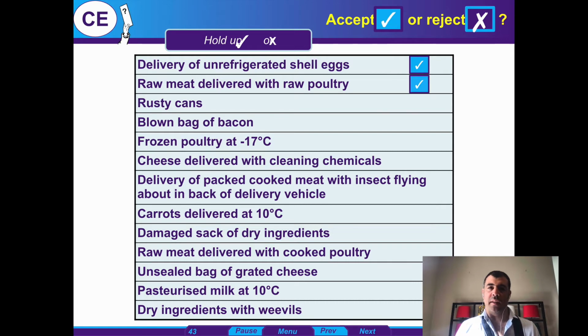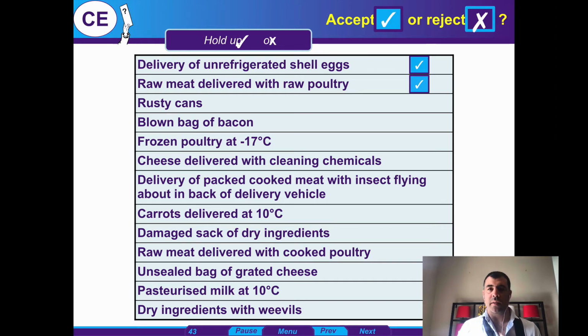So in the event that such raw meat, for instance beef, was dedicated to be used for beef tartare or for carpaccio, something like that, then you would reject the delivery. But that's for you to mention it to the supplier. But in general matters, raw meat delivered with raw poultry is acceptable. They will both need to be cooked.